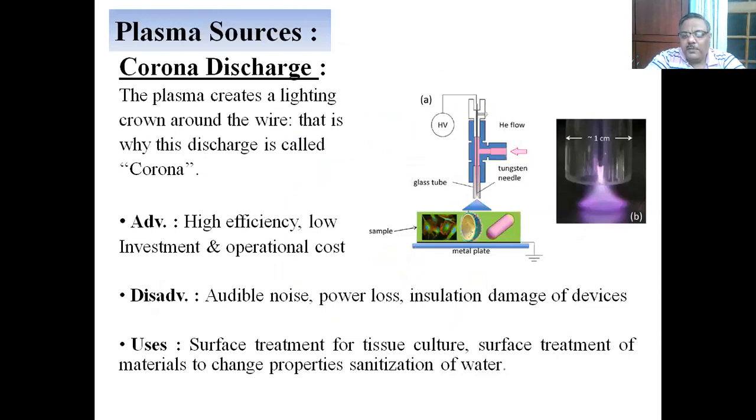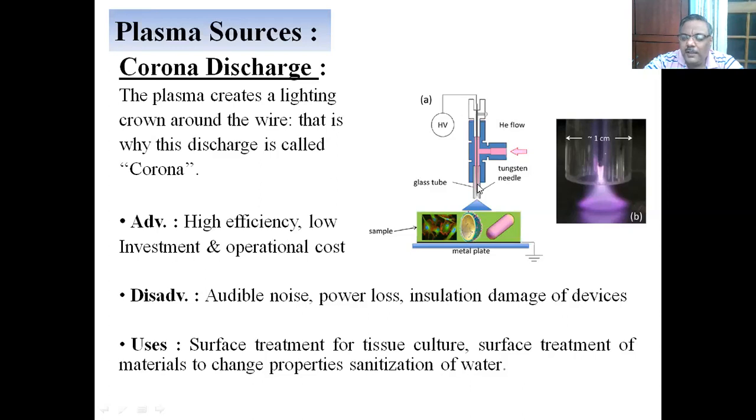We have many processes by which plasma can be generated, but not all of them are applicable for cold plasma. The first source is the corona discharge. It is the plasma created by lighting a crown around a wire, which is why it is called corona. The mechanism is very simple. This is a needle.